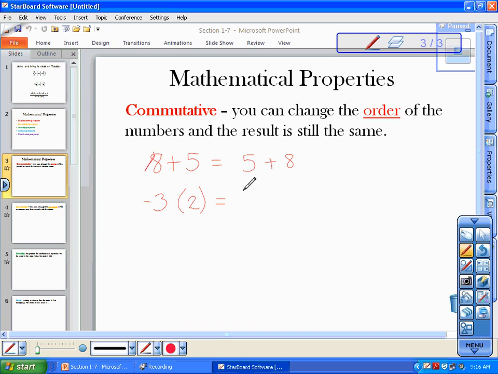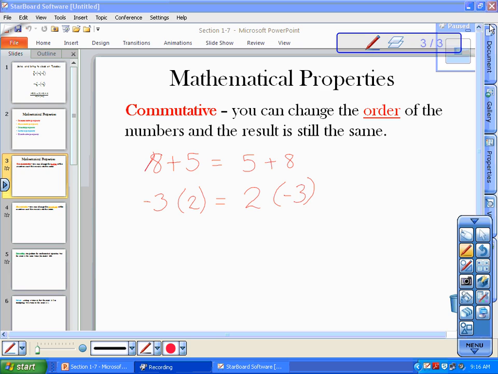This, in turn, will give me the same answer as if I take positive 2 and multiply that by negative 3. We were actually using this property just a smidge in class on Friday. As opposed to saying negative 3 groups of positive 2, it's easier for me to mentally picture 2 groups of negative 3.